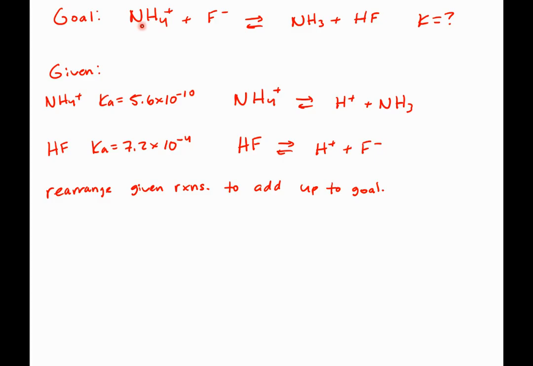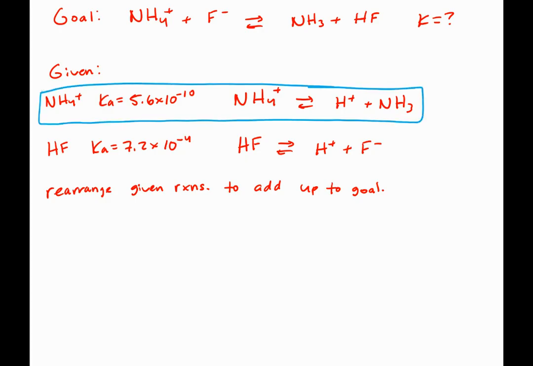First substance that we see here is NH4 plus, and we see that the NH4 plus only appears in this first equilibrium reaction. We want to have one NH4 plus on the left, and we already have that. So we're going to keep the NH4 plus reaction the same.